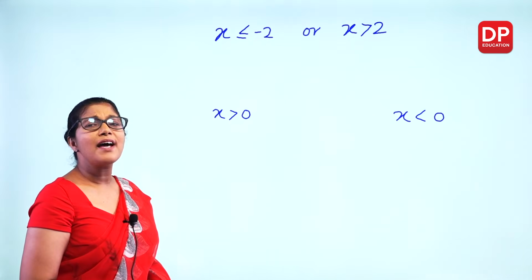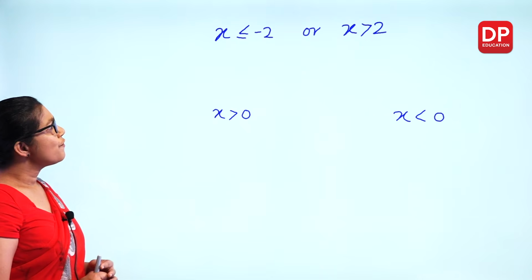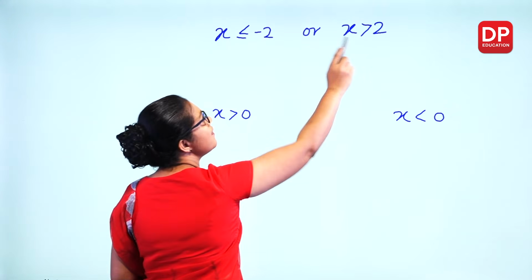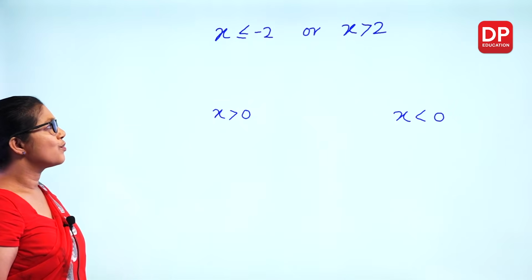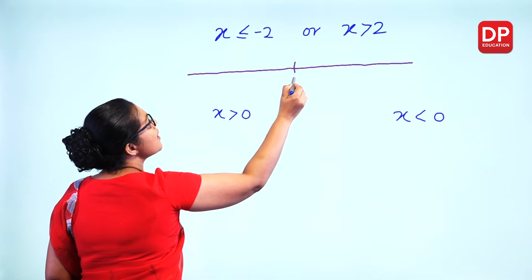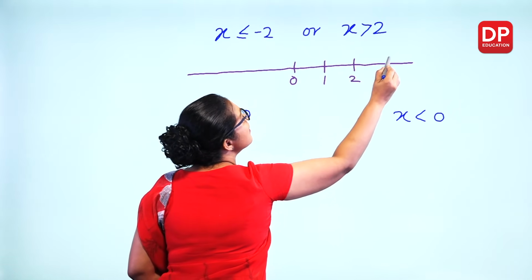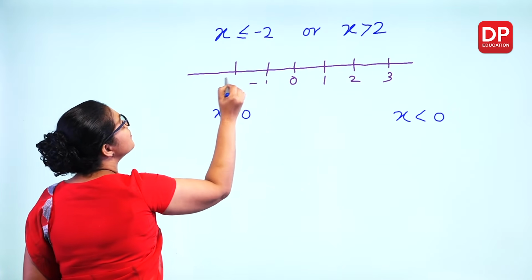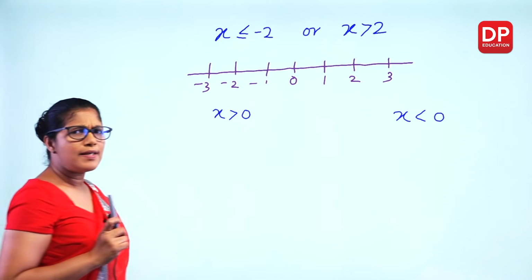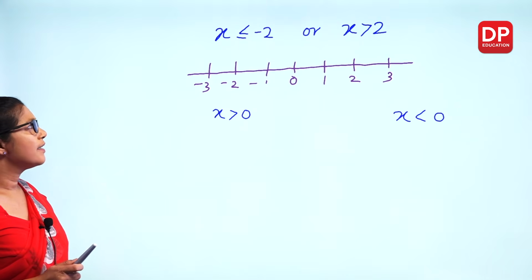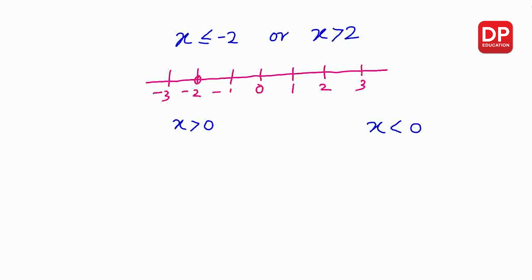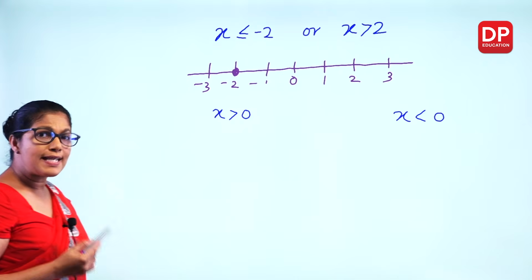Now we'll take another example. The first one says x less than or equal to minus 2, and this one x greater than 2. So how can we represent this on a number line? So we can mark numbers like this first. And then, is it an open circle or a solid one? Minus 2 should be a solid circle because minus 2 is included.